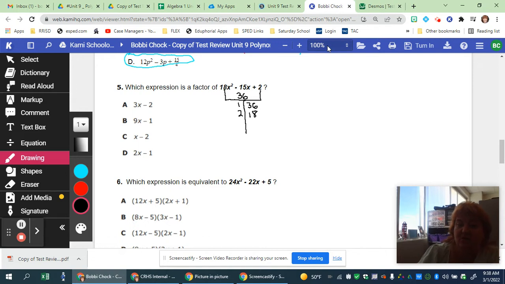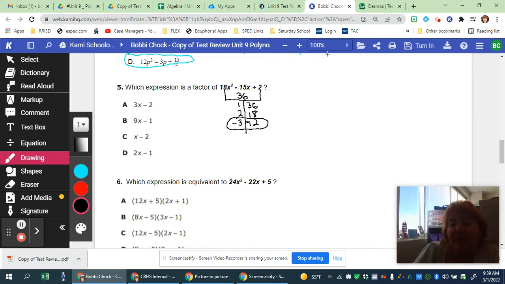So 3 and 12. Could I get to 15? Yes. Now this is a positive 36, but if both of these are negative, then that could give me a negative 15. There's my answer. See that? That could give me a negative 15.